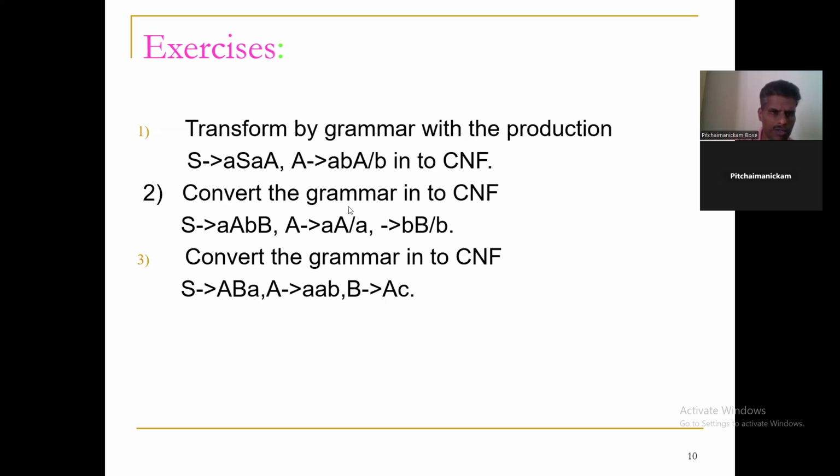For your reference, if any grammar has an empty production, you cannot apply Chomsky normal form directly. First apply the simplification of the CFG, and then apply the Chomsky normal form to the resultant grammar. That's all. Thank you.